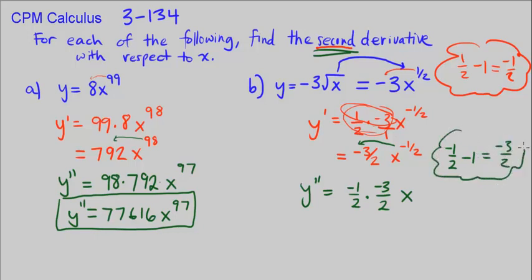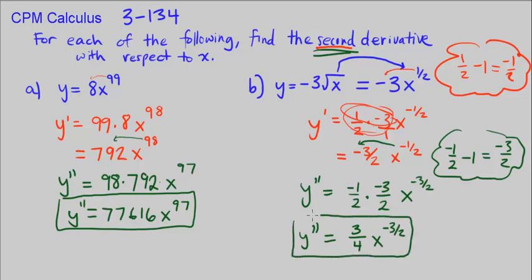That's the little bubble side. So it's to the power of negative 3/2. Simplify this. Negative 1 times negative 3 is just positive 3. 2 times 2 is 4. So it's 3/4 x to the power of negative 3/2. And this is y double prime, the second derivative. All right? So let's go ahead and move on to part C.